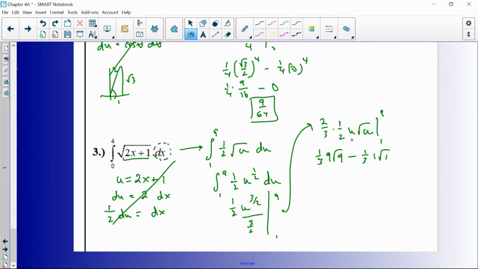That u root u is kind of nice when you're actually evaluating it. The square root of 9 is 3. That 1/3 and that 3 cancel. That's just a 9 minus 1/3 of 1, which is 1/3. So you have 8 and 2/3. Or if you wanted to write that as 26/3, I'd be fine with that too.